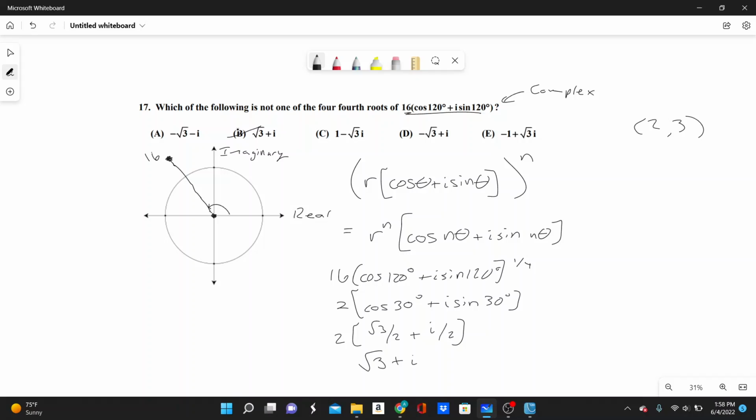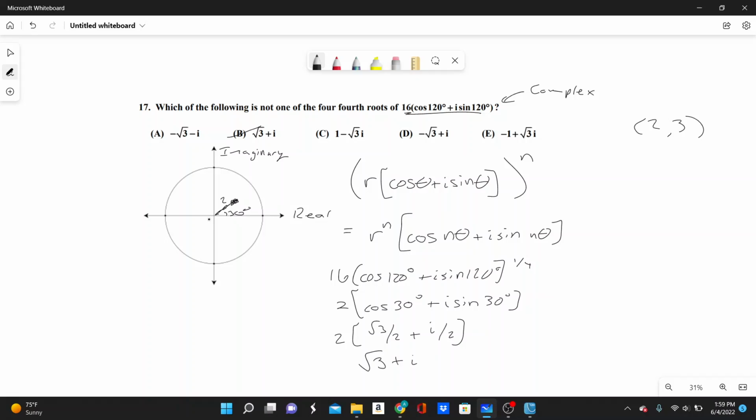So the thing to realize is that whenever you get a complex root, there are also other complex roots that are evenly distributed around the circle. So here I'm going to try to draw where this is approximately. So 2 cosine 30, I sine 30. Okay, so I'm going to say it's around here. So this is a 30-degree angle, and this is around 2.